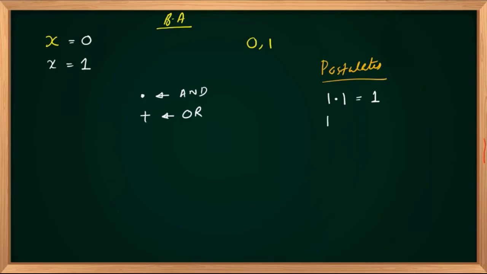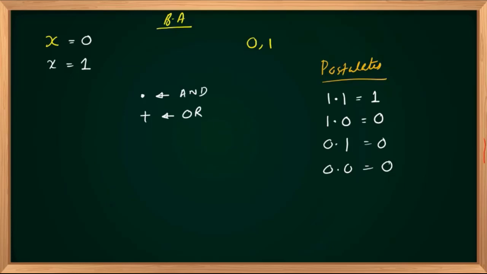If one variable is logic 0 and you take the product, you will get a logic 0. 1.0 will be 0. Similarly, 0.1 will be again 0, and 0.0 will be again 0.